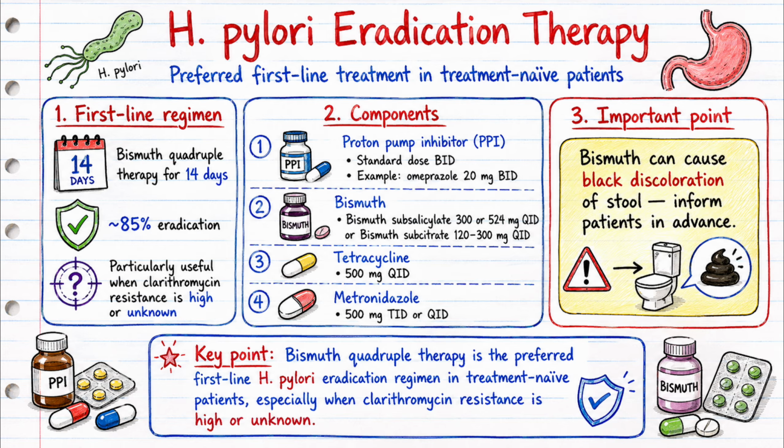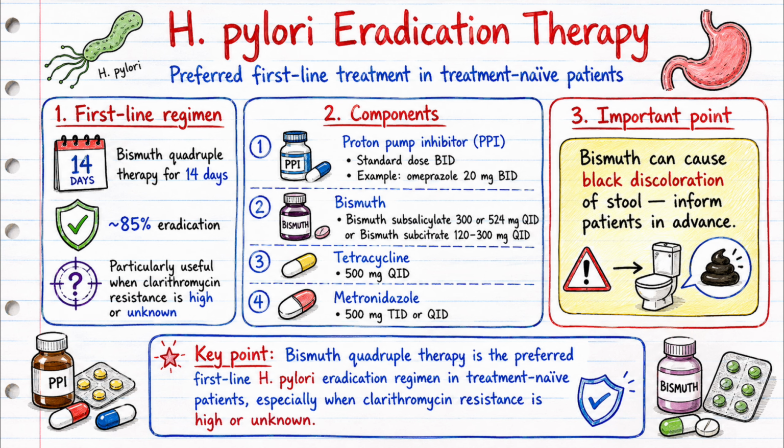Using several medications together improves the likelihood of successful eradication and reduces the impact of antibiotic resistance. Adherence is essential because the regimen involves multiple daily doses. Patients should also be informed that bismuth can temporarily cause black discoloration of the stool or tongue, which is generally harmless but can be alarming if they are not warned beforehand.